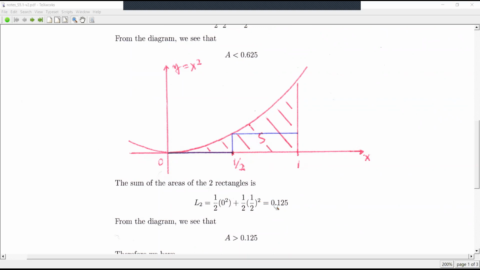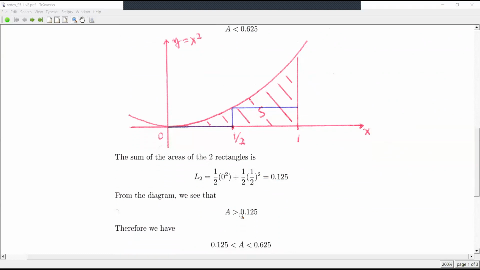Then we get 0.125. From this diagram, we can see that the area of the region is clearly greater than the sum of the areas of these two rectangles. So we get A greater than 0.125.